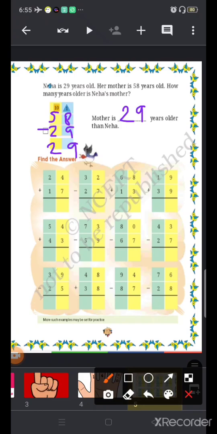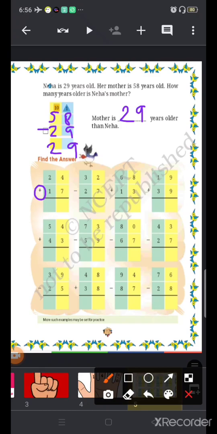Next questions. These are some sums of addition and subtraction. According to the sign, we'll solve these sums. First, what sign is given? The sign of addition, so we'll add. 4 plus 7. First we'll add the ones place and then the tens place.